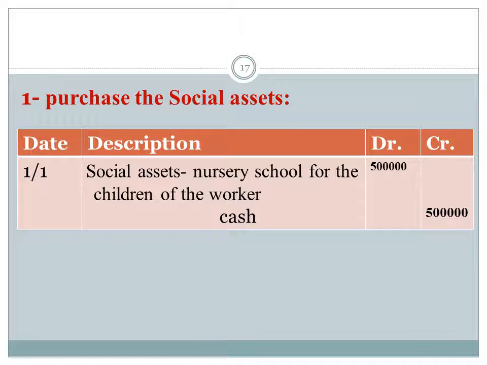The debit side will be social asset, nursery school for children of workers. This asset is paid in cash, so the credit side will be cash. Social assets, nursery school for the children of workers, debit; cash, credit, 500,000.